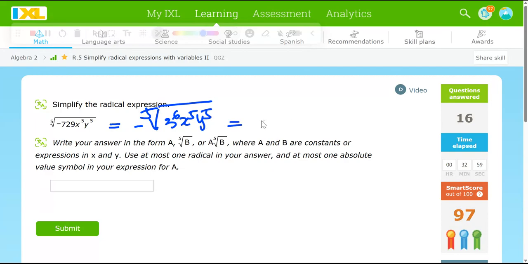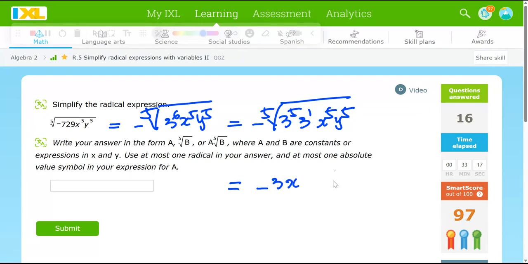So I would break it down as 3 to the 5th and 3 to the 1, and then x to the 5th and y to the 5th. As you can see, 3 to the 5th, I can take it outside. x to the 5th, I can take it outside. y to the 5th, I can take it outside. The only thing that gets stuck is the 5th root of 3. You see that?